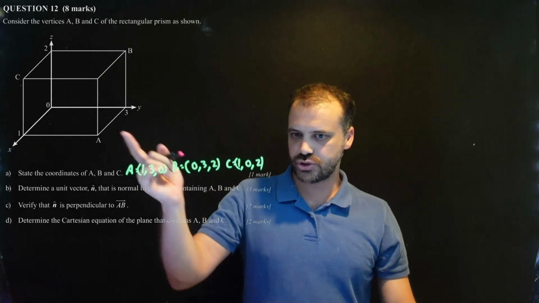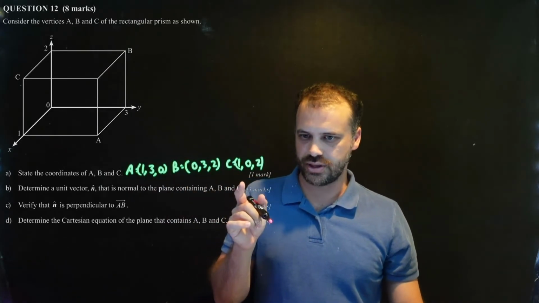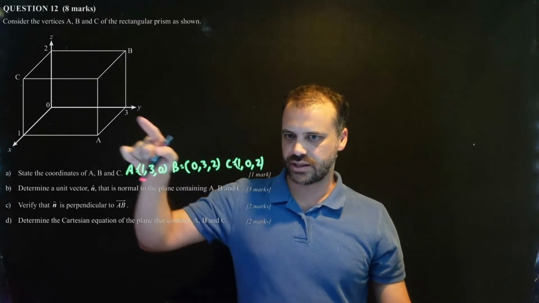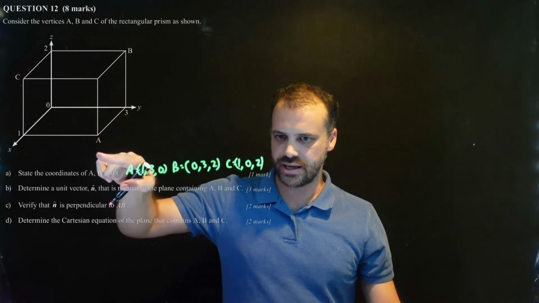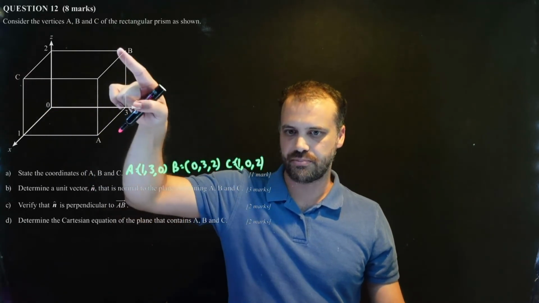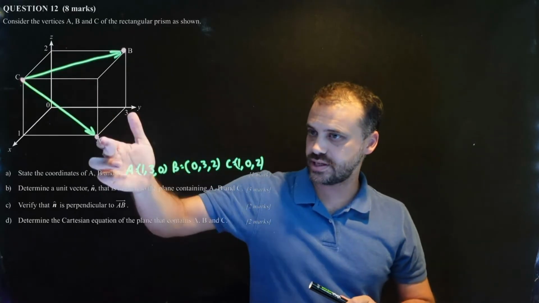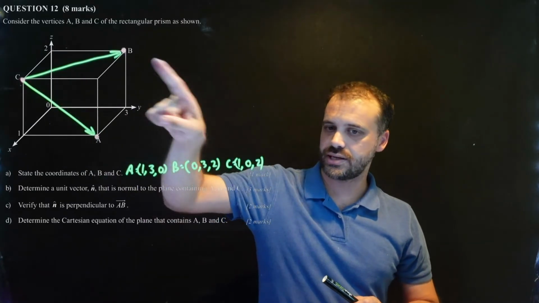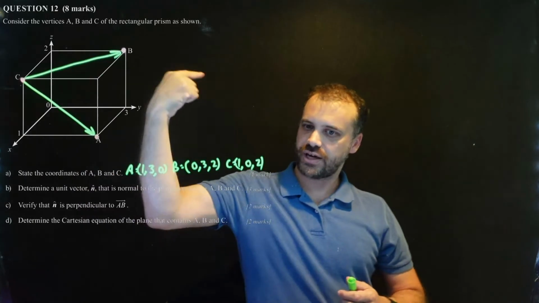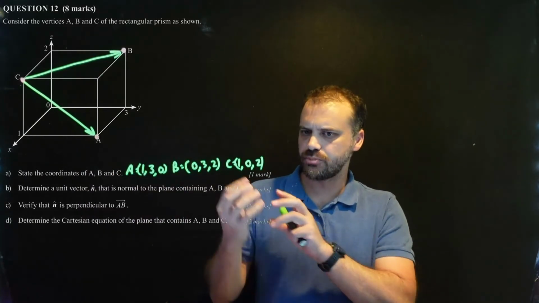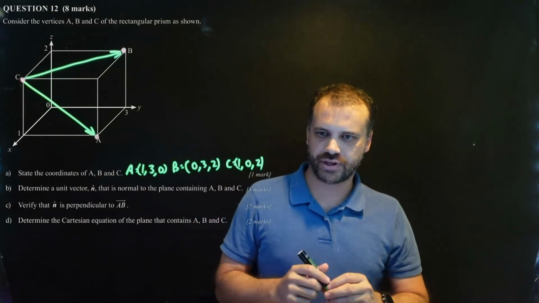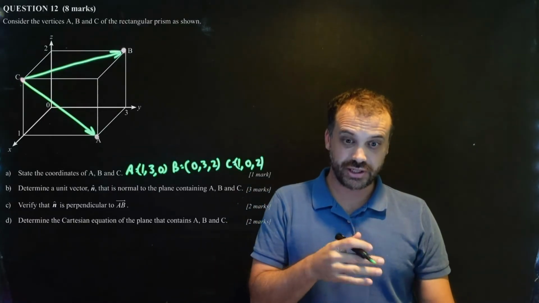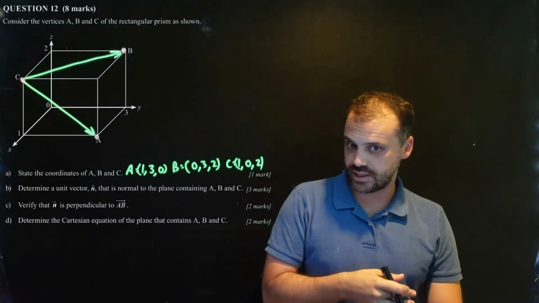So we can choose any vectors to work with here. I'm going to go with vector CA and vector CB. So there is CA there and there is CB there. And we're going to find the vector that is at right angles to both of them, jutting out of there somewhere. First of all, I need to know what vector CA and vector CB are.